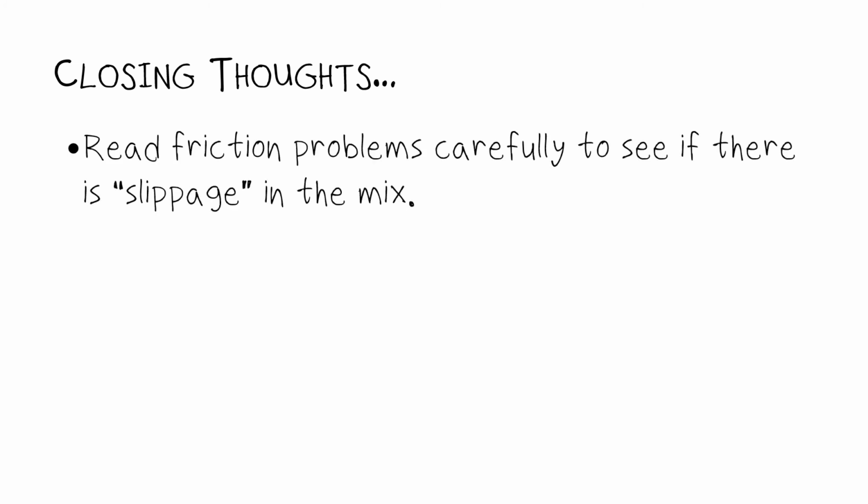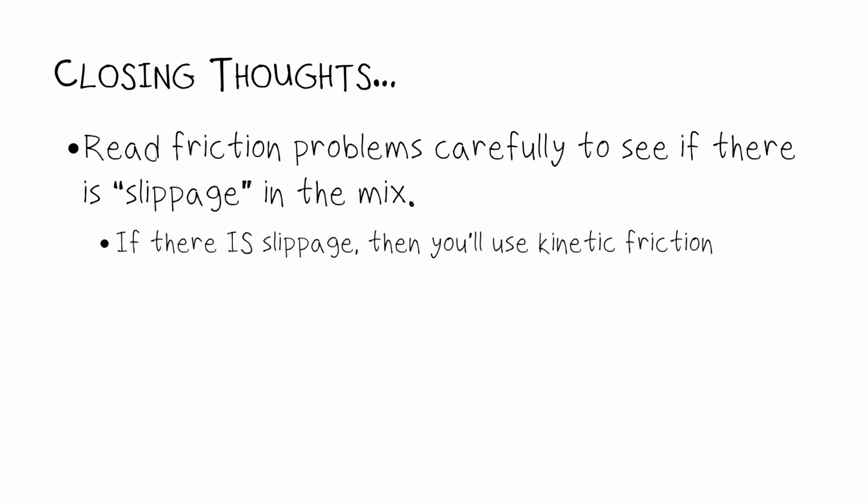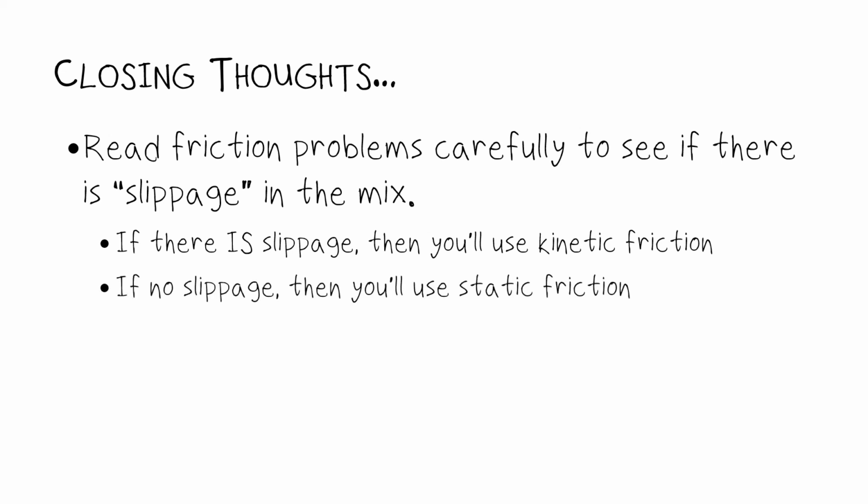Just a quick closing thought to wrap this problem up. One of the things that makes friction challenging is because you're often going to be faced with choosing between static and kinetic friction. And the secret to doing that successfully is to look to see if there's any slippage. If there is slippage, meaning one surface is sliding with respect to the other, then make sure you use the values associated with kinetic friction. If there's no slippage, meaning the surfaces are not moving with respect to each other, then you'll use static friction. And again, this isn't asking whether or not the objects are moving overall.